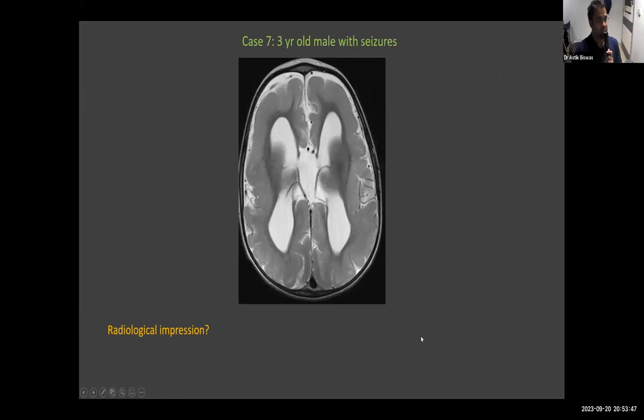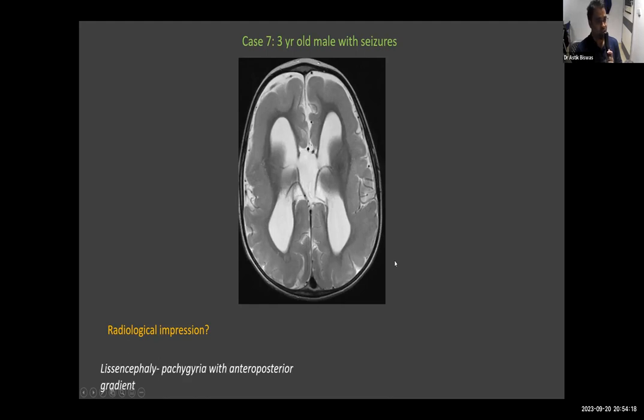So looking at some cases now, this is a 3-year-old male with seizures. So what's the radiological impression here? I think we can all agree, there is quite striking pachygyria anteriorly, probably less so posteriorly. We do see some sulci here. And there are other abnormalities. The corpus callosum is probably not going to be absent because we see this parallel orientation of the lateral ventricles.